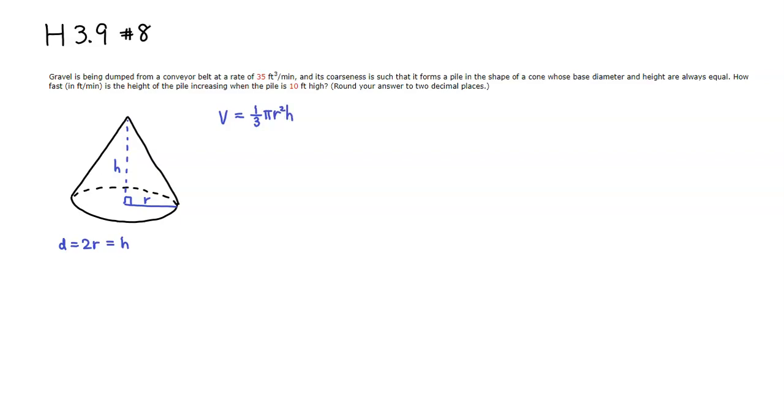But since we already know that the diameter and the height are exactly the same, the diameter, which is twice the radius, is equal to the height. So we can write r in terms of h by dividing through by 2. So r is always 1/2 of the height.